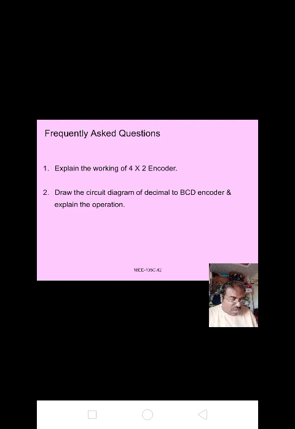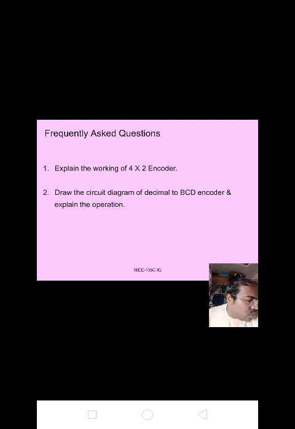Please write the definition of encoder. An encoder has 2 power n input lines and n output lines.